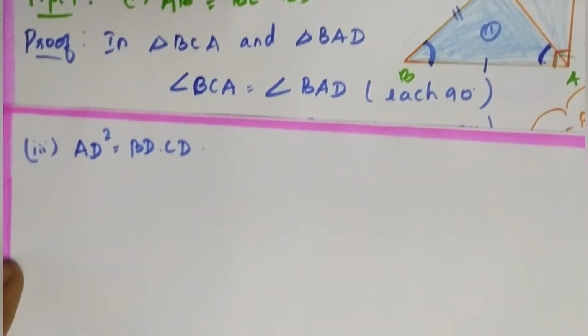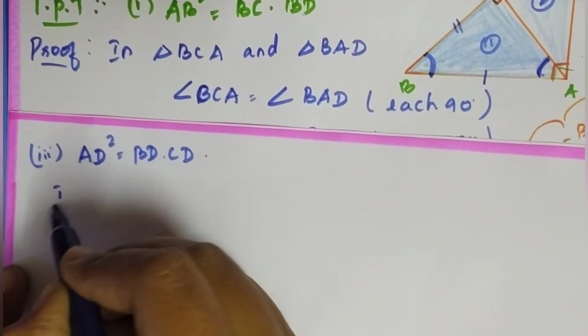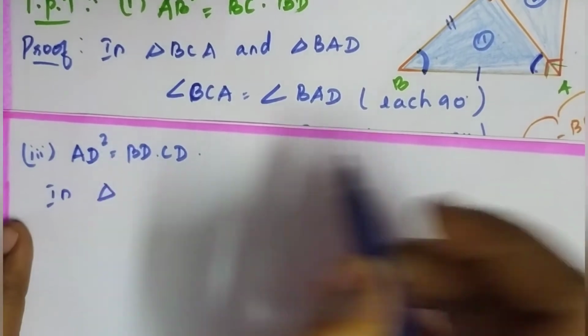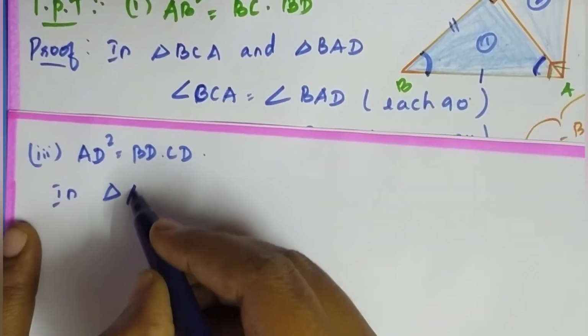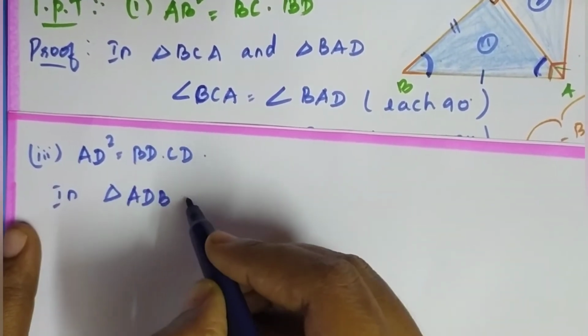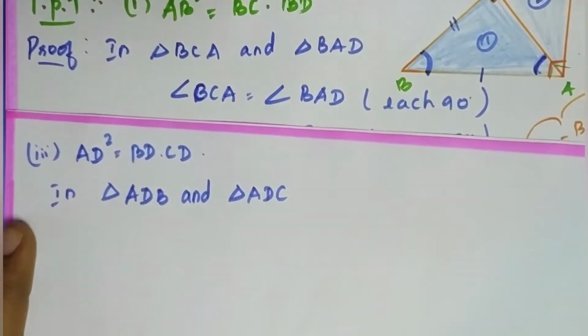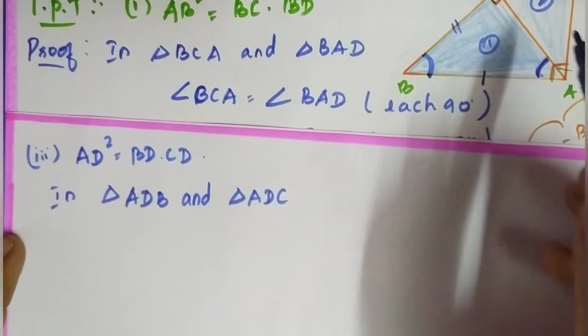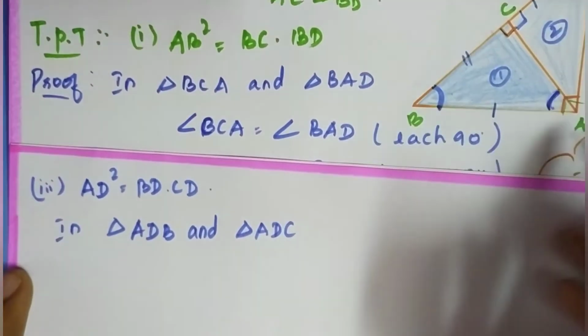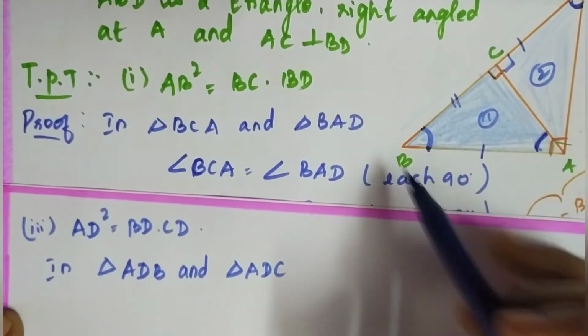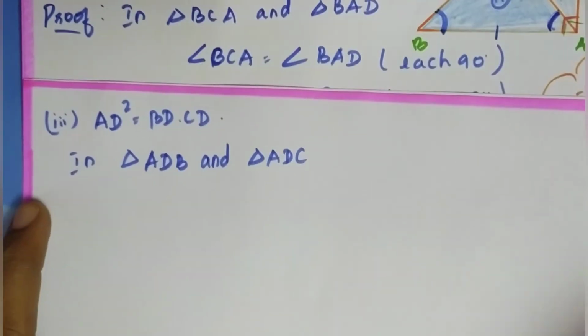Which two triangles we have to take? In triangle ADB, that is the full triangle ADB, and triangle ADC. I'm taking the two triangles, that is the second triangle and the whole triangle.